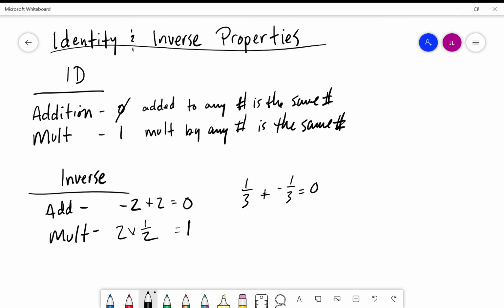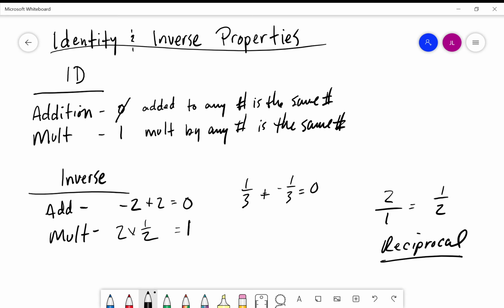And if we think about this too, if we write it as a fraction, 2 over 1, we're multiplying it by 1/2, which is what we consider the reciprocal. R-E-C-I-P-R-O-C-A-L, reciprocal, which means basically we're just flipping a number over.